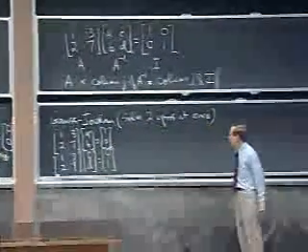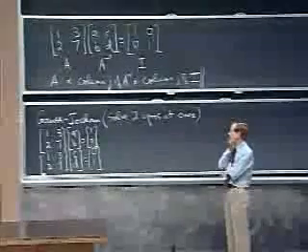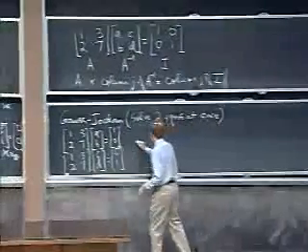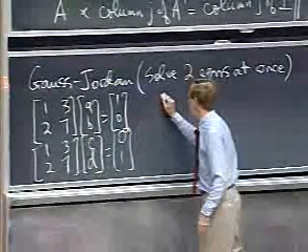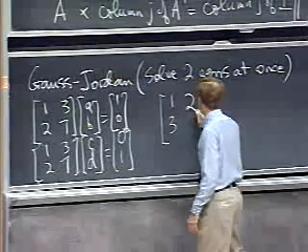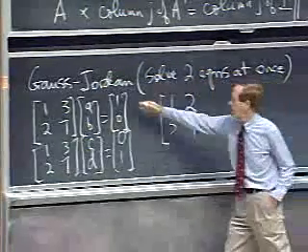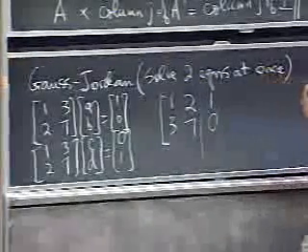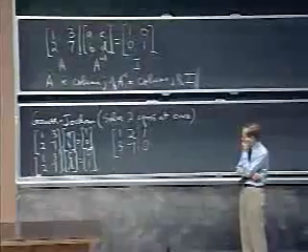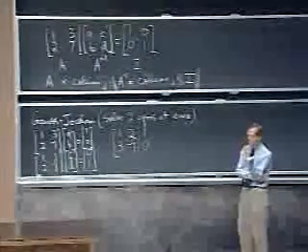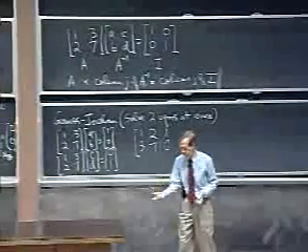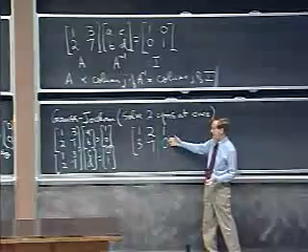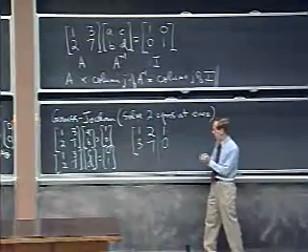I've got it. And Jordan sort of said to Gauss, solve them together, look at the matrix. If we just solve this one, I would look at 1, 3, 2, 7. And how do I deal with the right-hand side? I stick it on as an extra column. You remember that's the augmented matrix, doing the same thing to the right side that I do to the left.